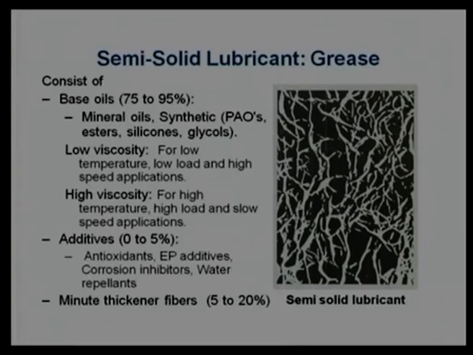In layman's language, it can be treated like a sponge, and these thickener fibers are roughly 5 to 20%.